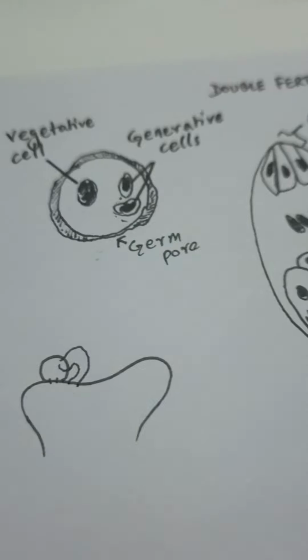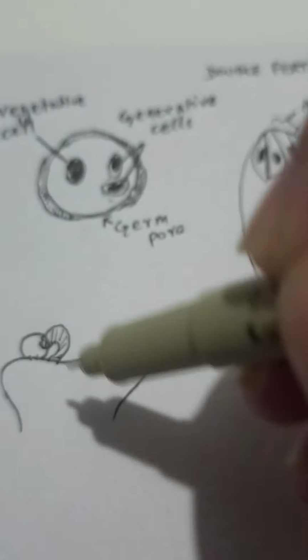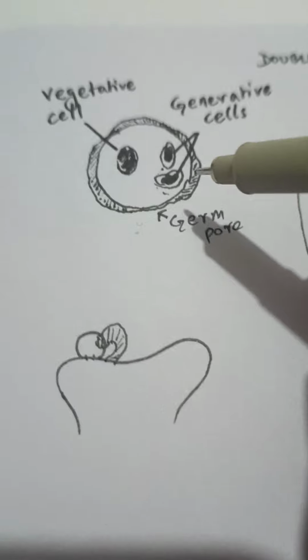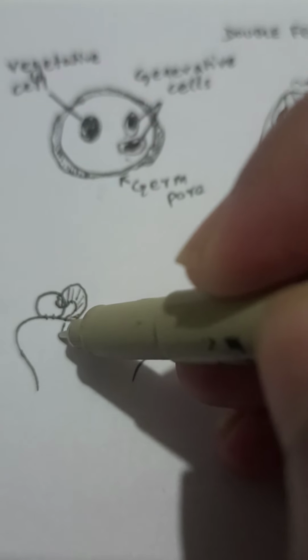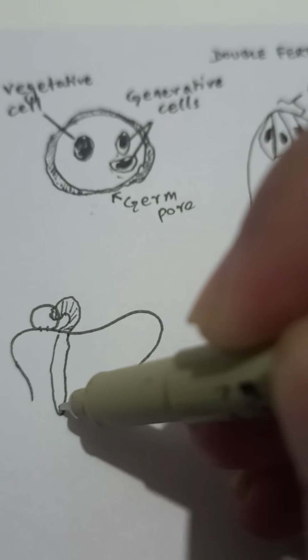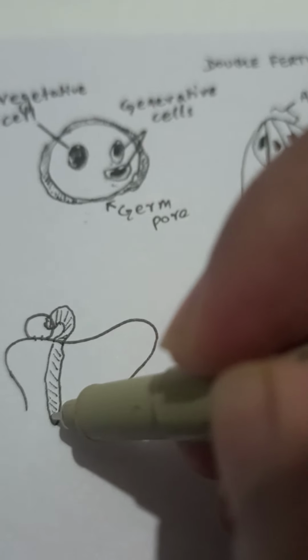So this pollen tube is going to start penetrating the stigma. What we are going to find is this pollen tube, which is formed by the vegetative cell, is going to start penetrating the entire stigma and will flow inside. It just keeps on flowing inside.